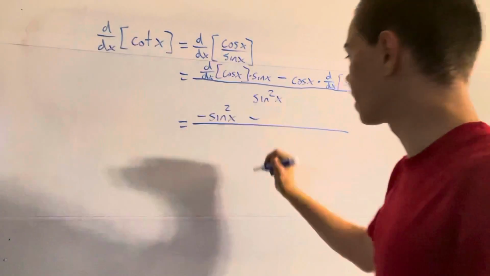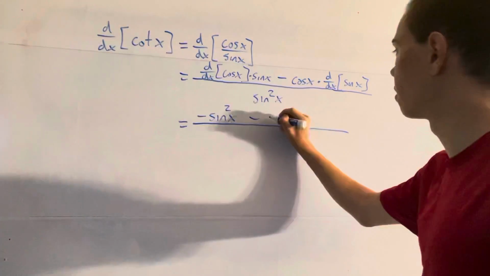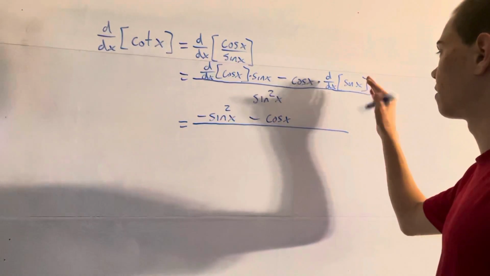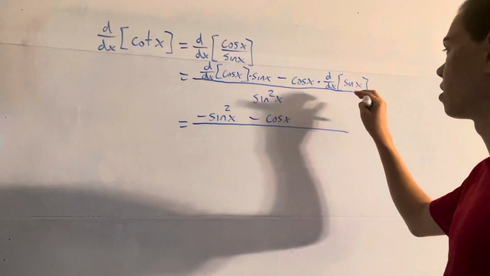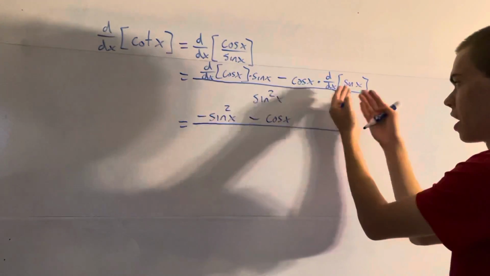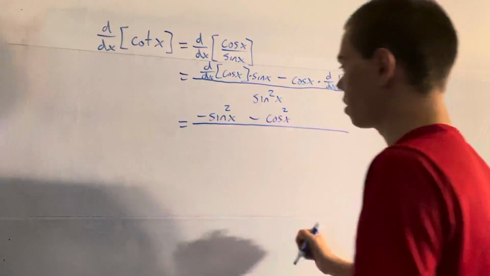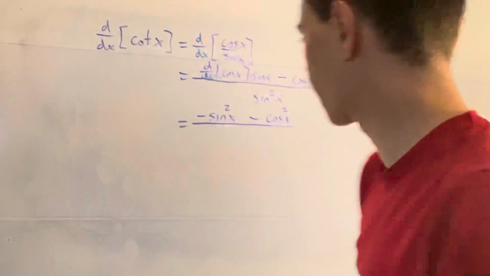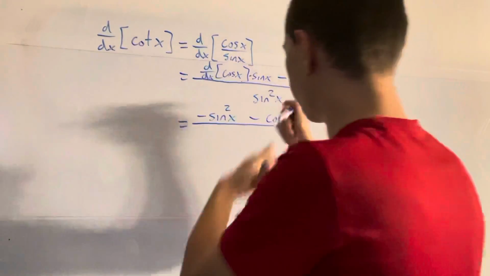And then we're subtracting the cosine of x multiplied by the derivative of the sine of x, which is just the cosine of x. So we're going to get cosine squared of x. So this really won't have to be that long, right? So that's pretty much it, all divided by the sine squared of x.